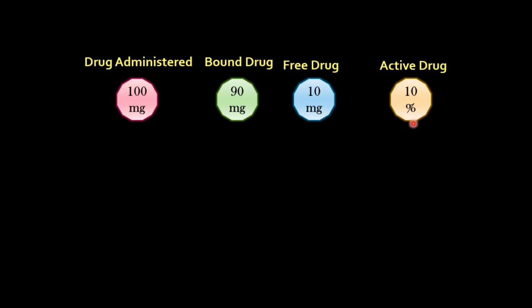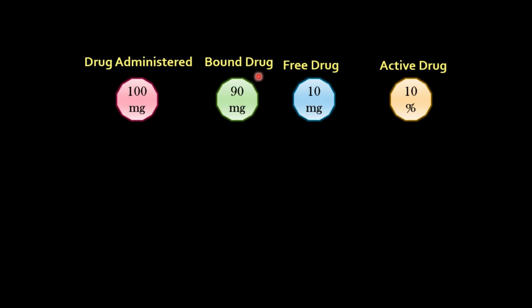Now 90% of the drug is bound with the plasma protein, and 10% of the drug is available free in the systemic circulation. It goes to the peripheral tissues, reaches the site of action, and produces the effects. It goes to the liver, gets metabolized there, and is eliminated, excreted out from the body through the kidneys. Now what happens?